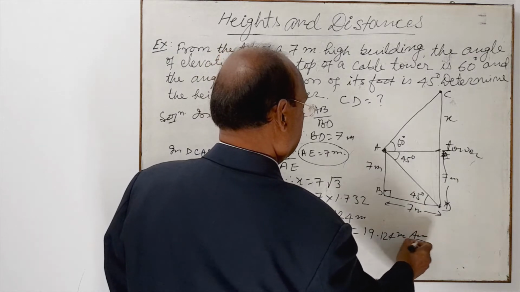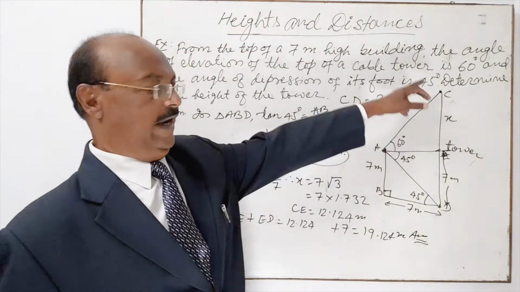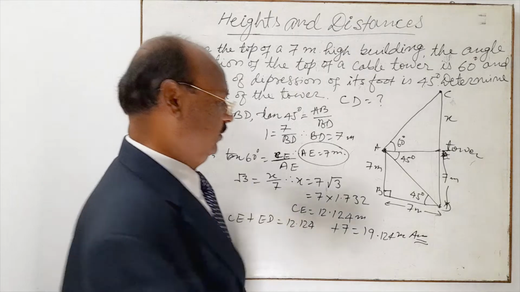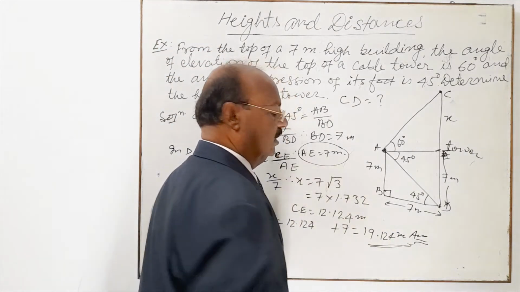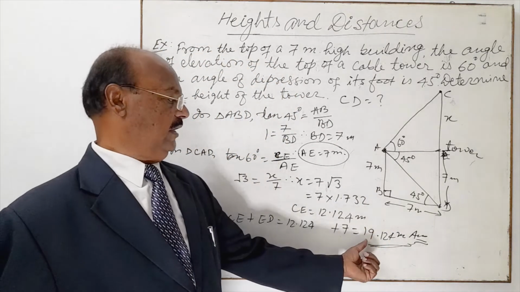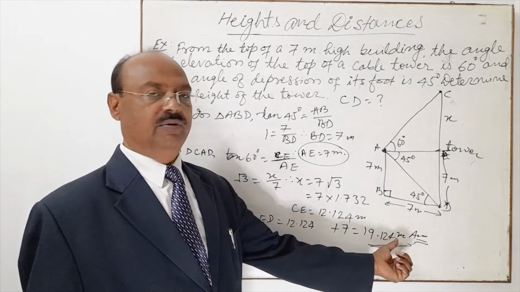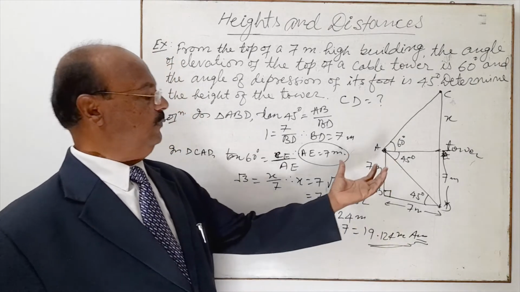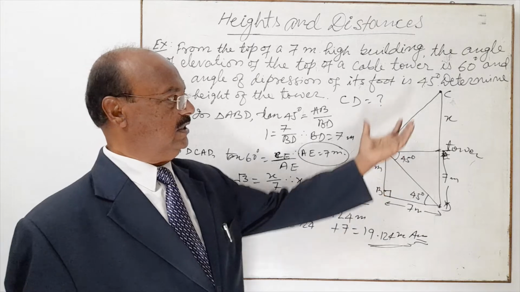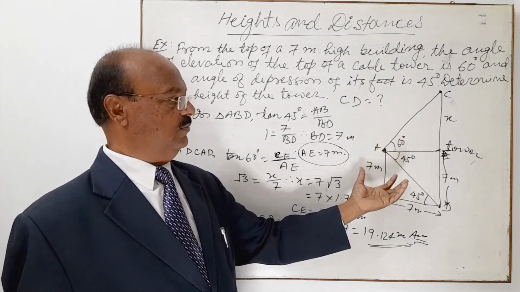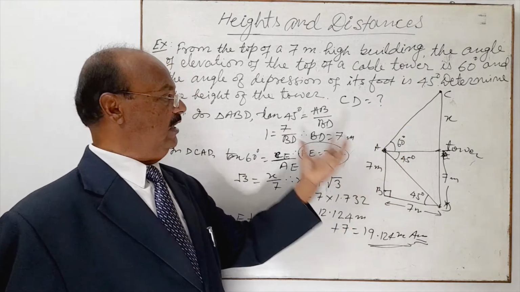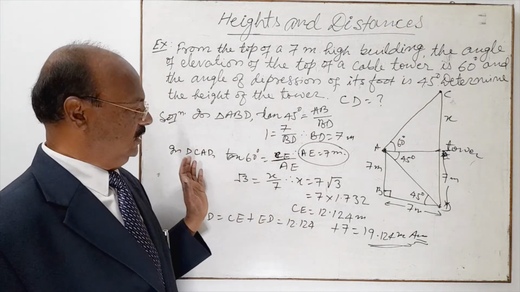This is the answer. This is the height of the cable tower. So we got the height of the cable tower is 19.124 meter.